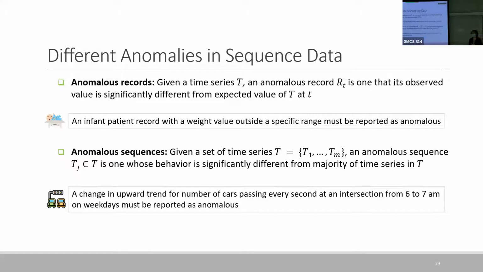So you see that there is something wrong, a different behavior than what is expected. This can be the result of, for example, a snowy day or a holiday, but it is different from the expected behavior. It's called an anomalous subsequence.